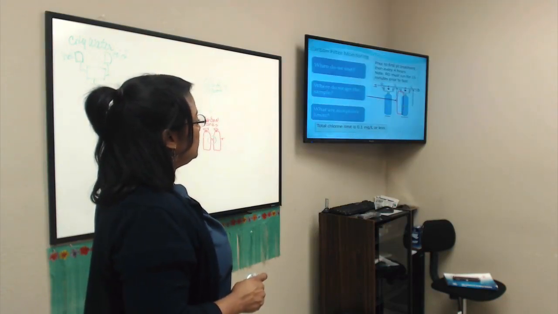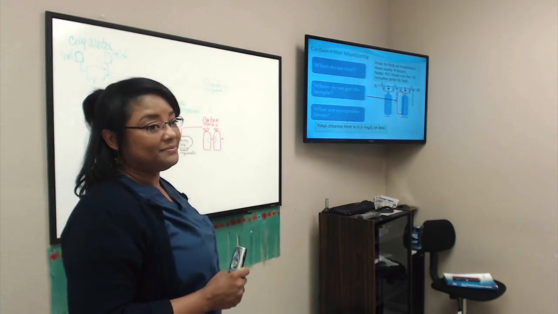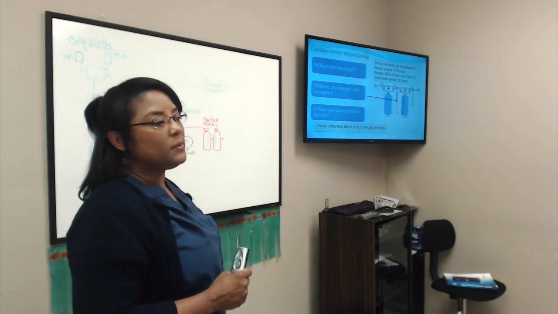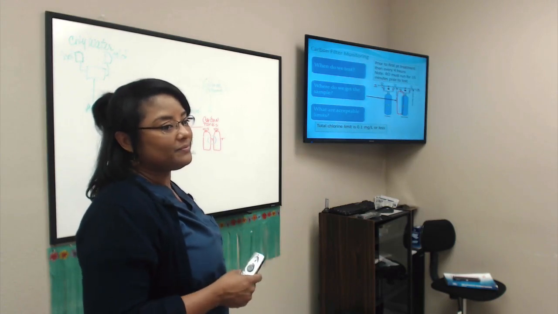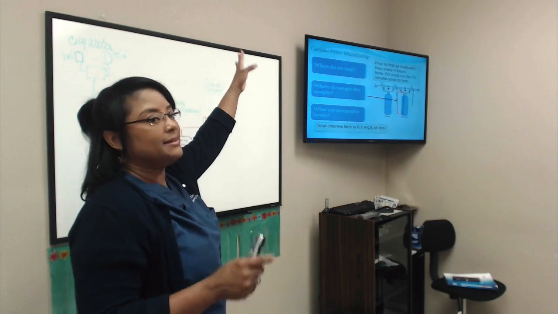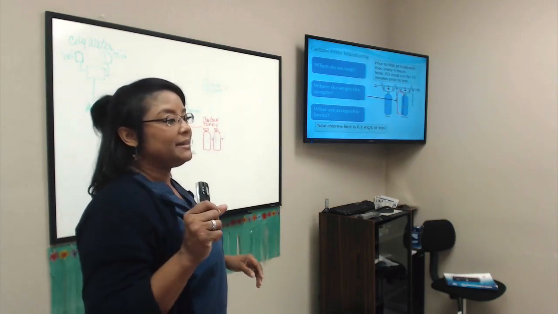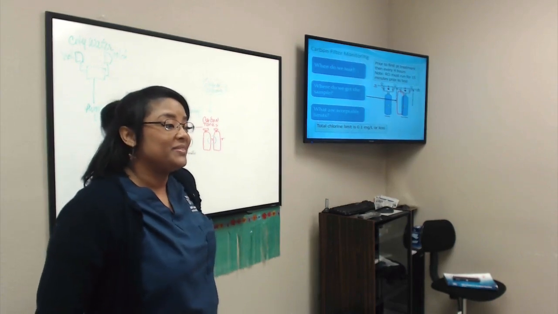What are the acceptable limits? 0.1 or less. Remember that number. That number you gotta remember it, like you have to remember the culture ones. This number is important. 0.1 is not 1.0. 0.1 or less.